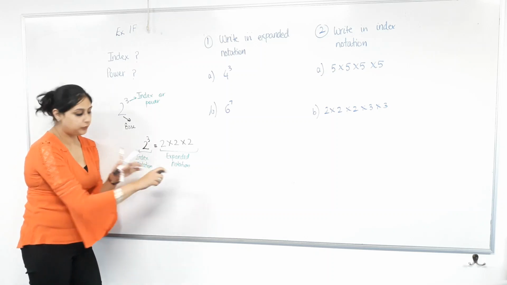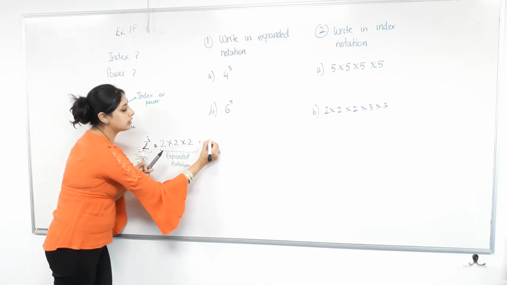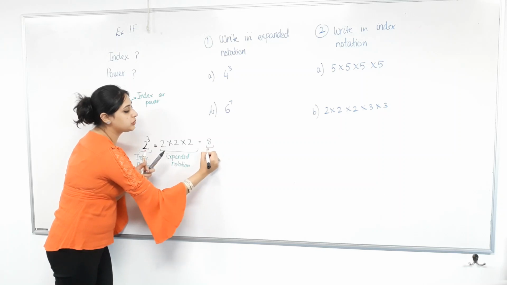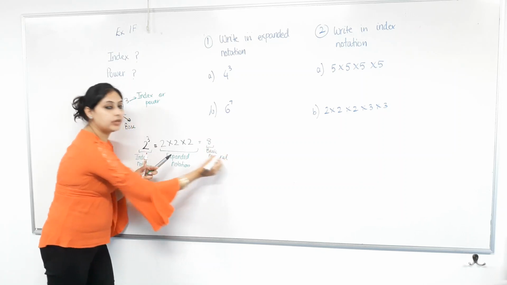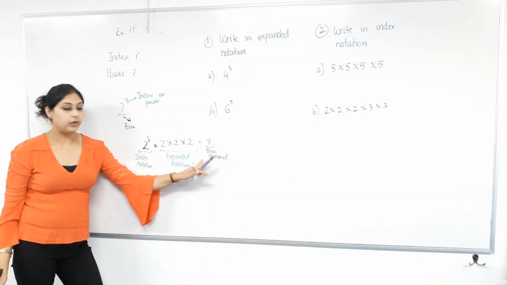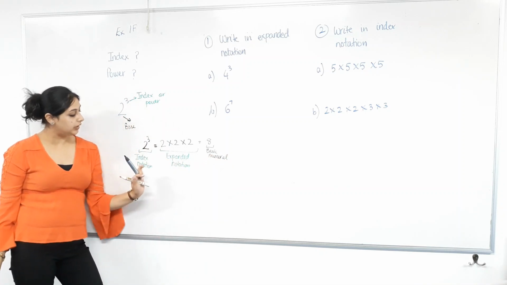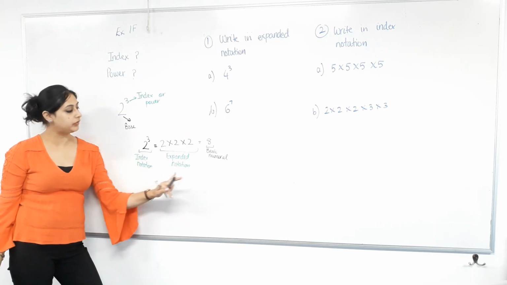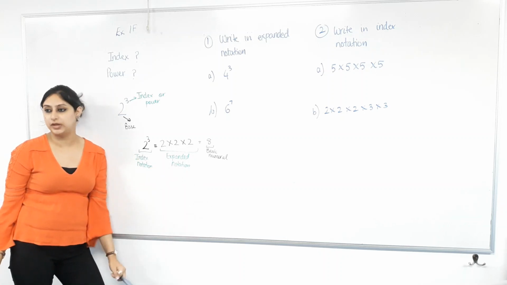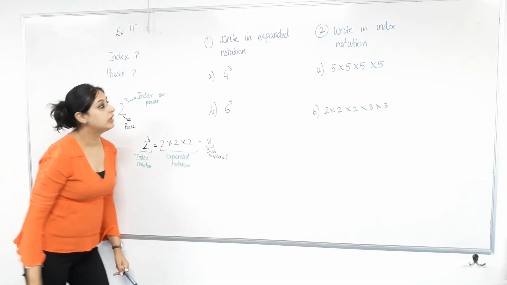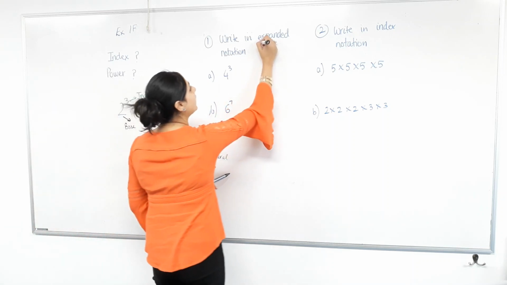Expanded form? And then the answer, that's the basic numeral. That's what it's equal to. That's just a number. So if they've asked you for a numeral, you write the answer. If they asked you for index form, you write the index form. If they asked you for the expanded form, you write the expanded form. Is that clear? Now, write it in expanded notation.